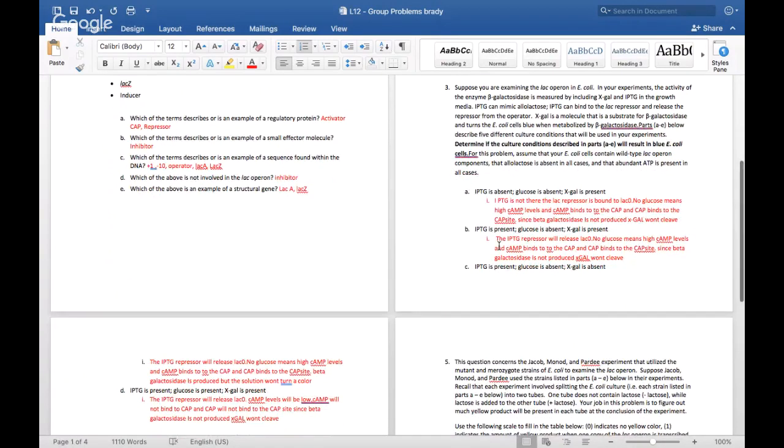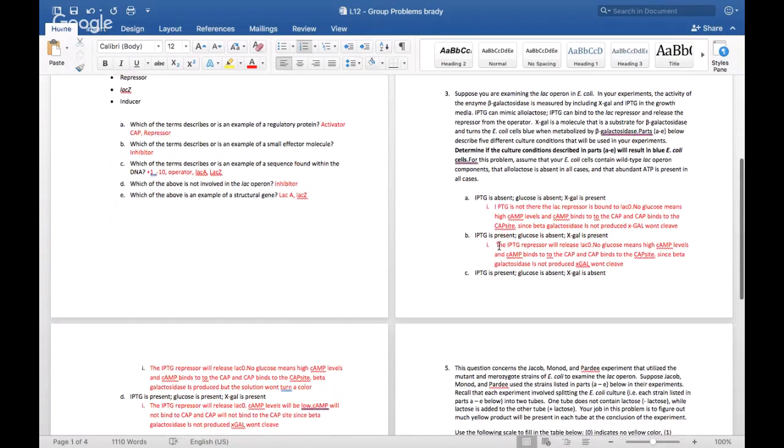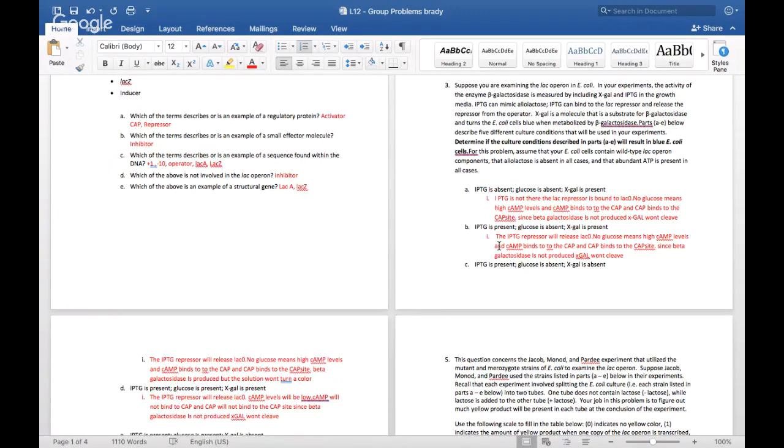Number three is just coming from the bottom of the notes and using a little bit of innovation. It gives you your scenario up here. For A, IPTG is present, glucose is absent, and X-gal is present. So if IPTG is there, then the repressor bound to LAC-O is released.